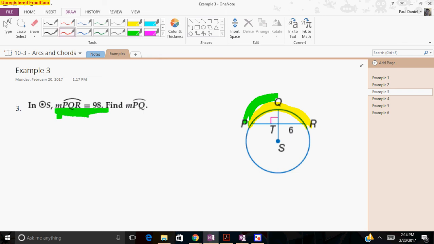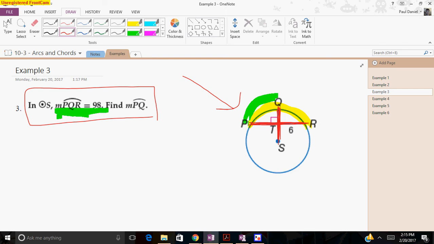So I know the big arc here is 98, and the really important thing wasn't talked about in this statement. It is talked about over here on the drawing itself, and that is that we have this little segment here, SQ, which happens to be a radius, running perpendicular to this chord PR.